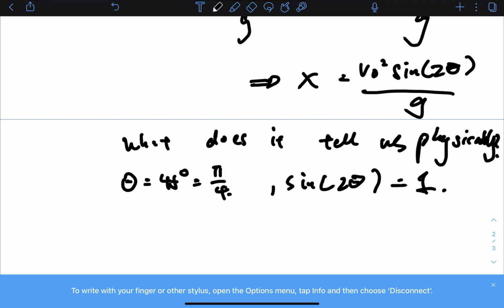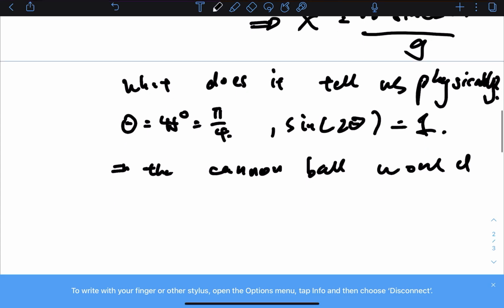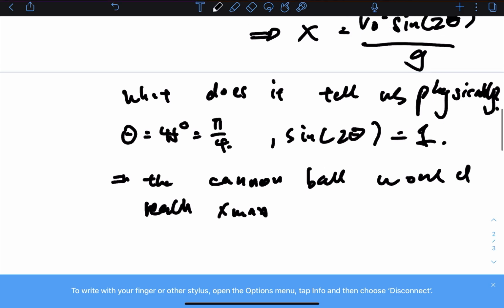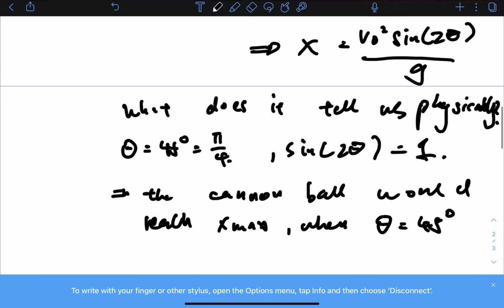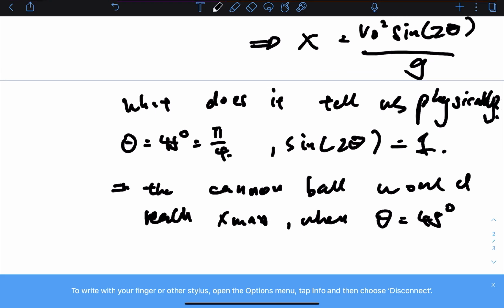That's its maximum value, which tells us the cannonball would reach a maximum horizontal distance when theta is equal to 45 degrees. So if you want to shoot a cannonball to make it travel the maximum distance horizontally, you shoot it at an angle of 45 degrees with respect to the horizontal axis.